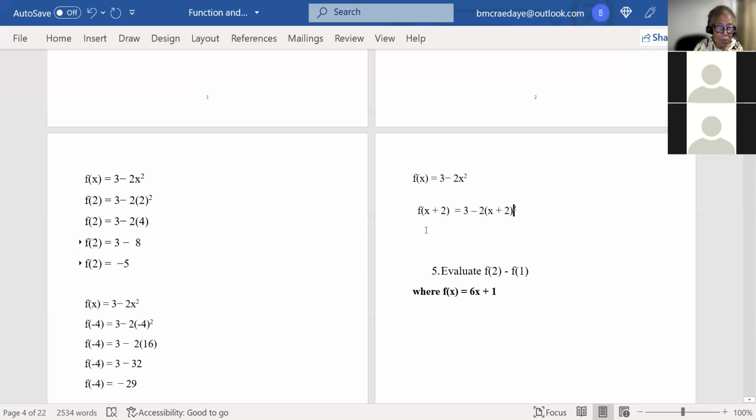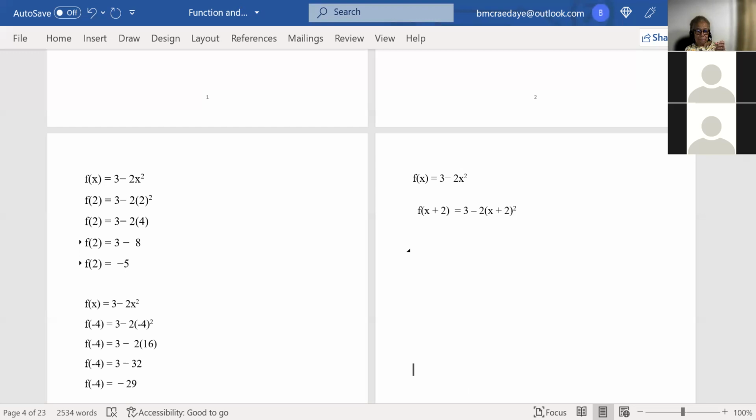Okay, so do the math. 3 minus 2 times X plus 2 squared. So that means X plus 2 times X plus 2, then multiplied by 2 and then subtracted from 3. So I want you to complete that one.